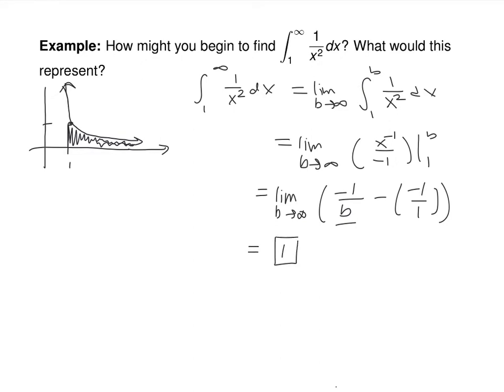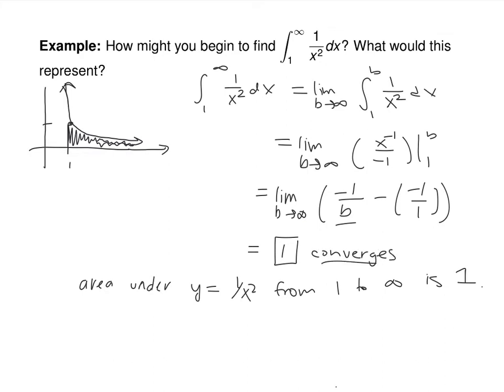So the area under y equals 1 over x squared from 1 to infinity is 1. Kind of crazy, but it turns out that that function gets smaller quickly enough that it actually converges.